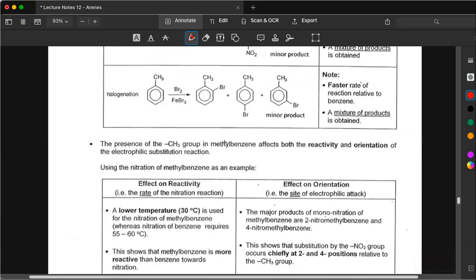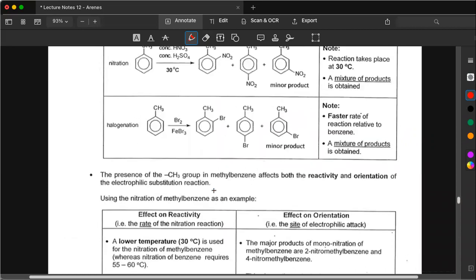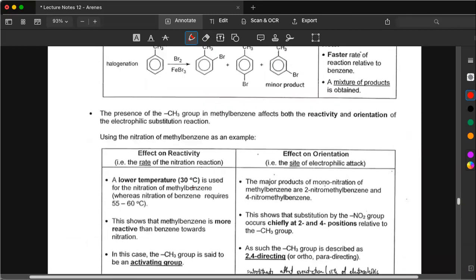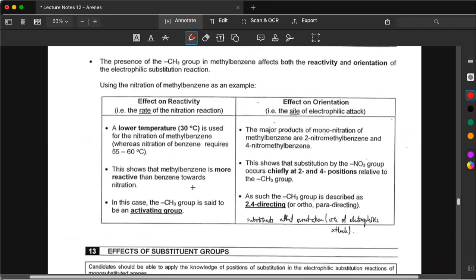All right. The presence of the CH3 group in methyl benzene affects the reactivity and the orientation of the electrophilic substitution. So let's see. The lower temperature is used for the nitration of methyl benzene, whereas nitration of benzene requires a higher temperature.